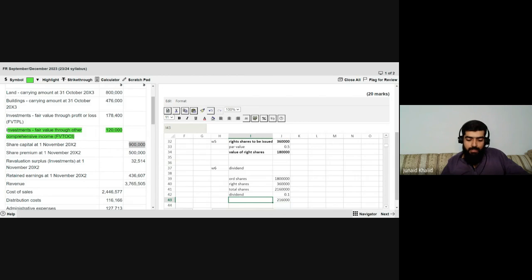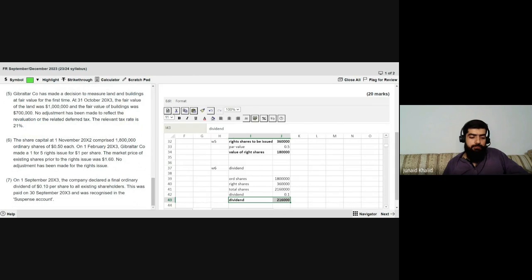So 2 lakh 16,000 is the amount of dividend. Is it clear to you? So far, we have done all the adjustments.